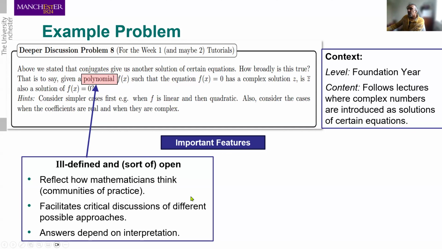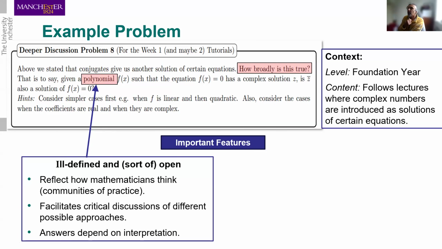So why do this? There are three reasons I've given here for doing this. Firstly, this is to reflect how mathematicians think, because we think in terms of these broad questions, and that's why I've asked this question in this way initially: how broadly is this true? And then I unpacked it because I thought it needed scaffolding in this particular case.